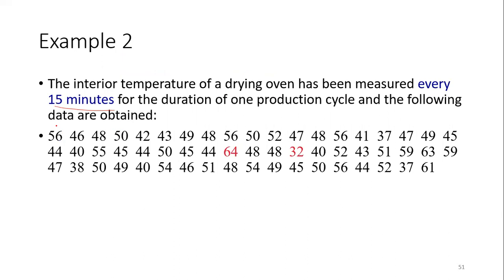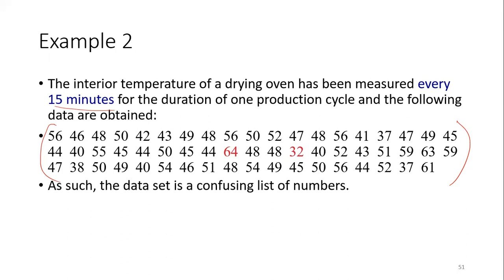So this is the data that we have. This is the raw data. If you just write this into Excel, you don't understand anything. What does it look like? You cannot figure out anything about the data. So this is in fact a confusing list of numbers.